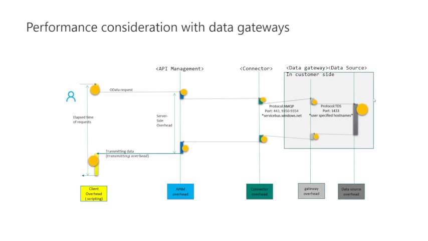But on top of that, you have that additional potential bottleneck of data gateways that someone has to be aware of, because you could actually get really poor performance if your gateway is a bottleneck, especially if you have many things coming through that gateway. You have to be mindful of the fact that by the time you get back a response to your client out there on the web, it could take a while if this is not properly scaled.